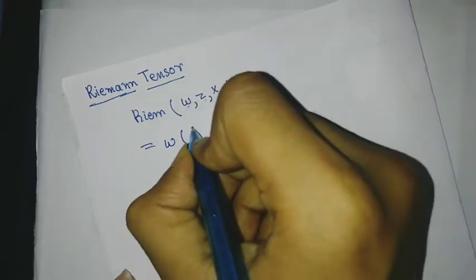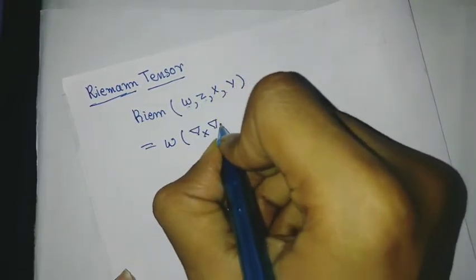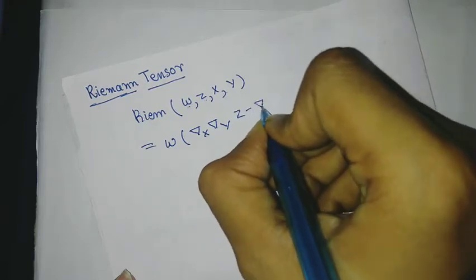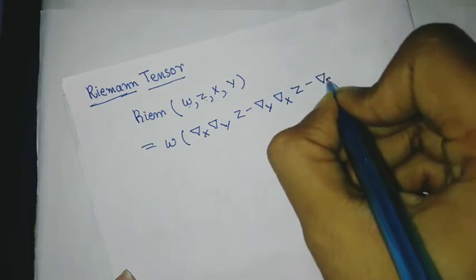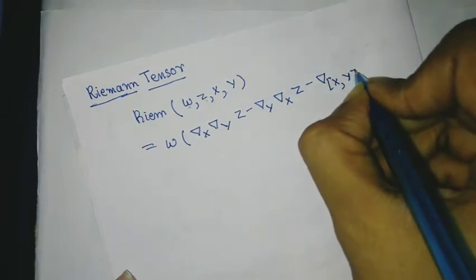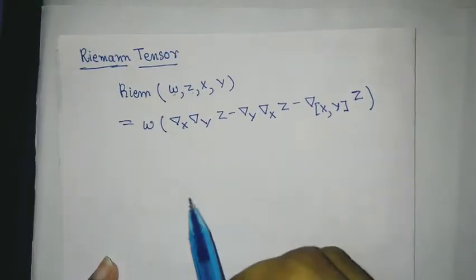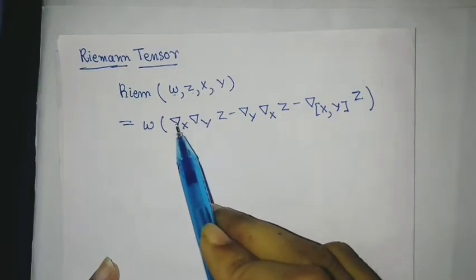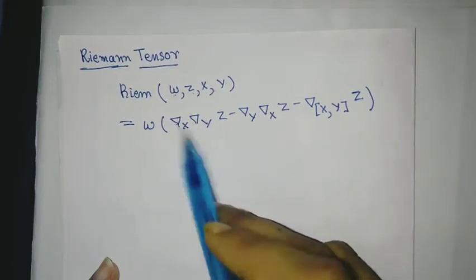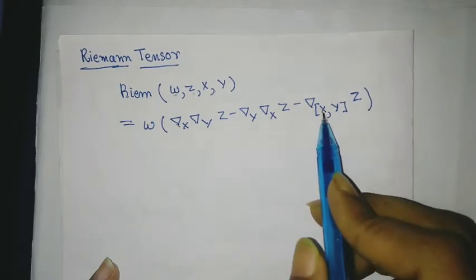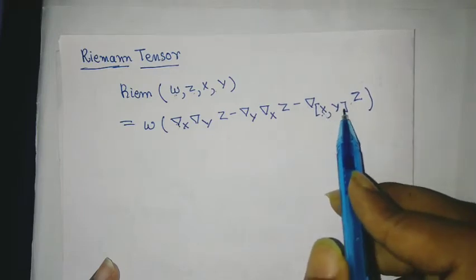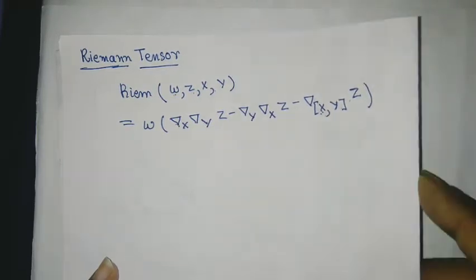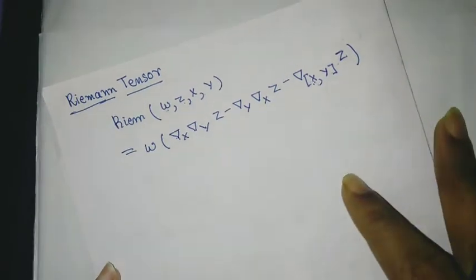So in this way, where these are the connection or the covariant derivative, and this is the Lie algebra of the vector fields. Let's see.